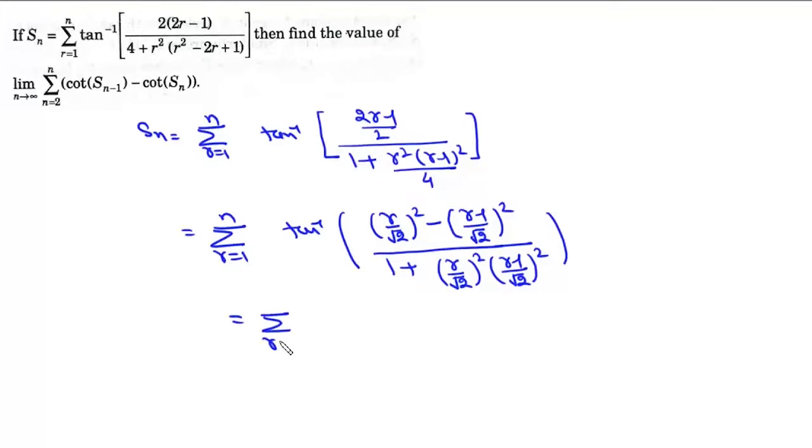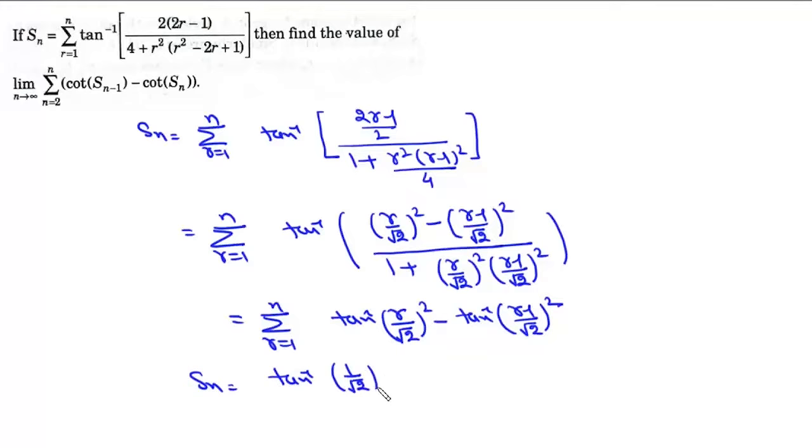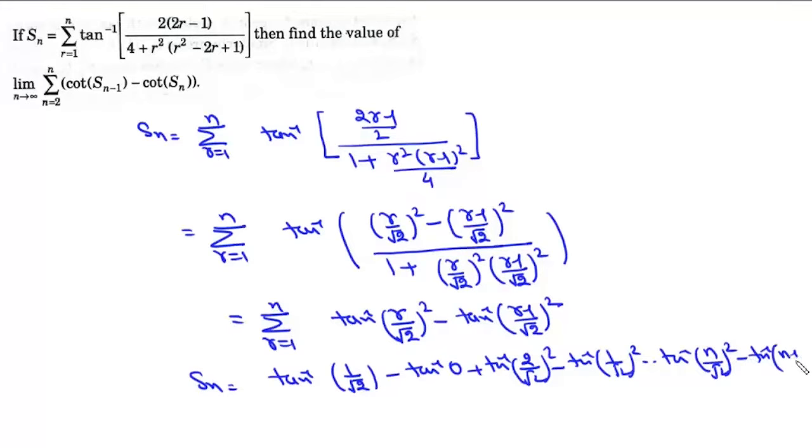So we can write this as this summation r varies from 1 to n, tan inverse r by root 2 square minus tan inverse r minus 1 by root 2 square. Now if we put the value of r, we can write this as tan inverse 1 by root 2 minus tan inverse 0 plus tan inverse 2 by root 2 square minus tan inverse 1 by root 2 square, and in the end we'll have tan inverse n by root 2 square minus tan inverse n minus 1 by root 2 whole square. Now here all these terms they'll cancel.